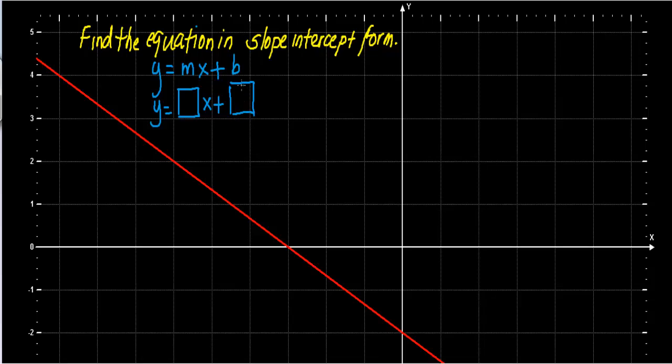The easiest thing to find is the y-intercept because you just look at where the graph crashes the y-axis, and that happens right here. Okay? And where is that? That is at -2. So the coordinate for this y-intercept is 0, -2. This -2 here, that's the b in my equation. So I can fill this out right away. So far you have that.